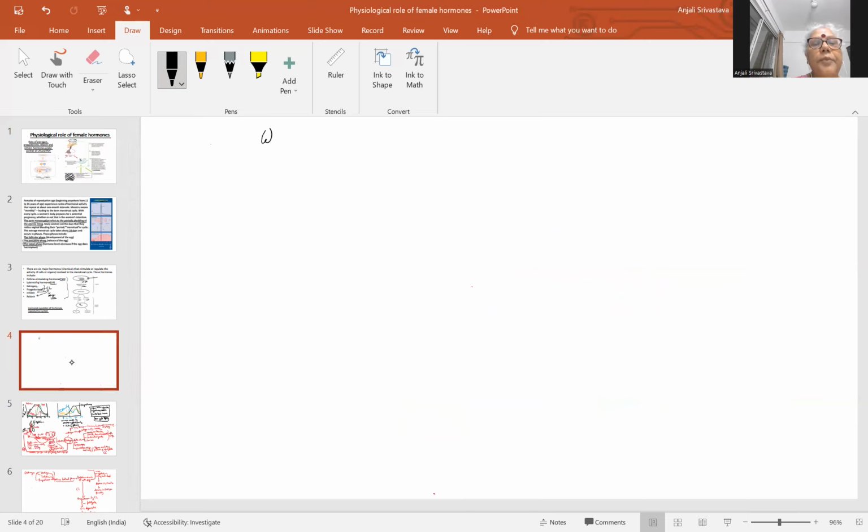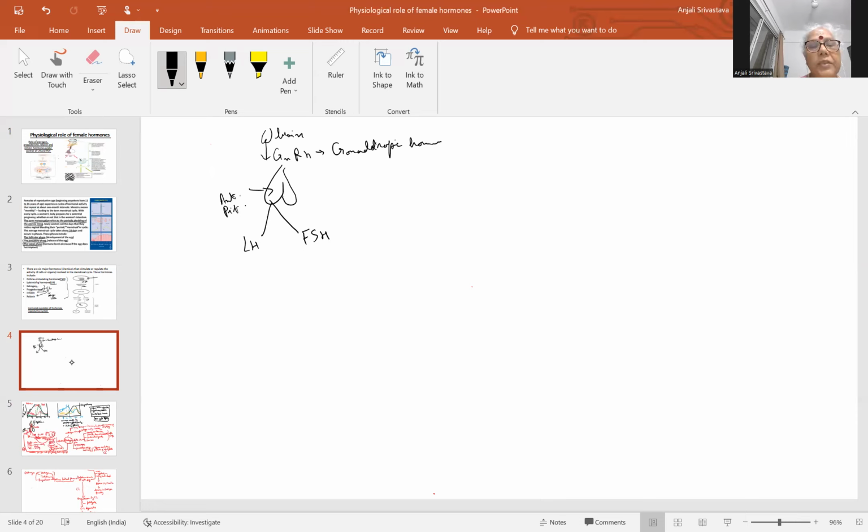This is the hypothalamus. This is the brain. It is releasing GnRH, the gonadotropic hormone. This is acting on the anterior pituitary, secreting luteinizing hormone and follicular stimulating hormone.